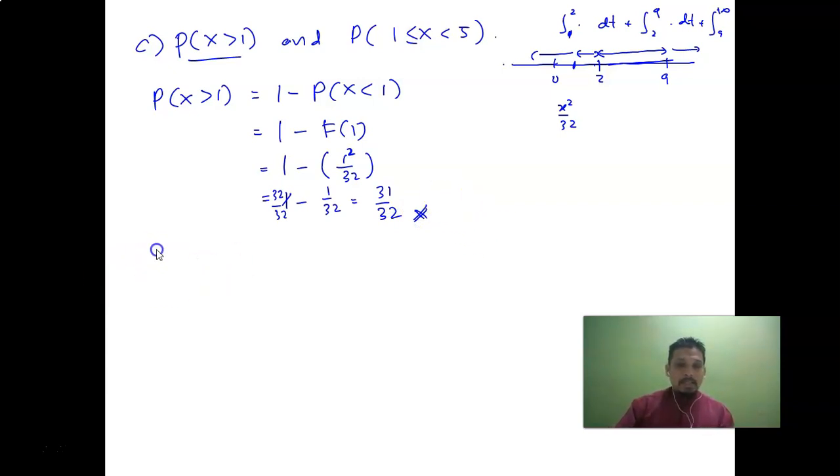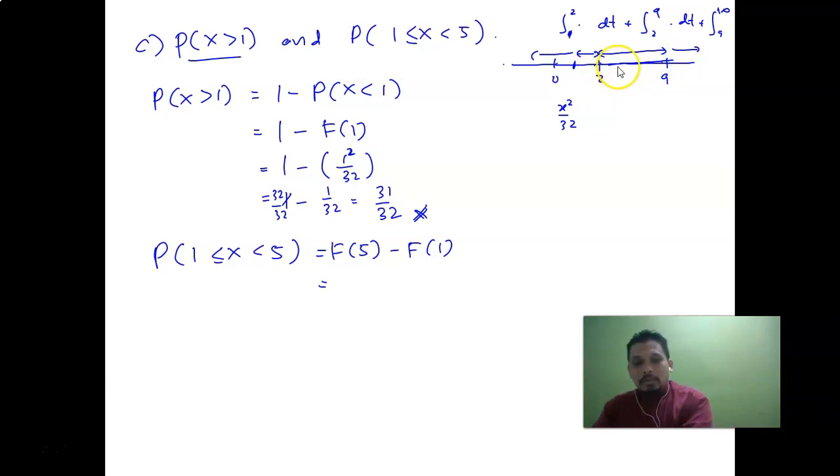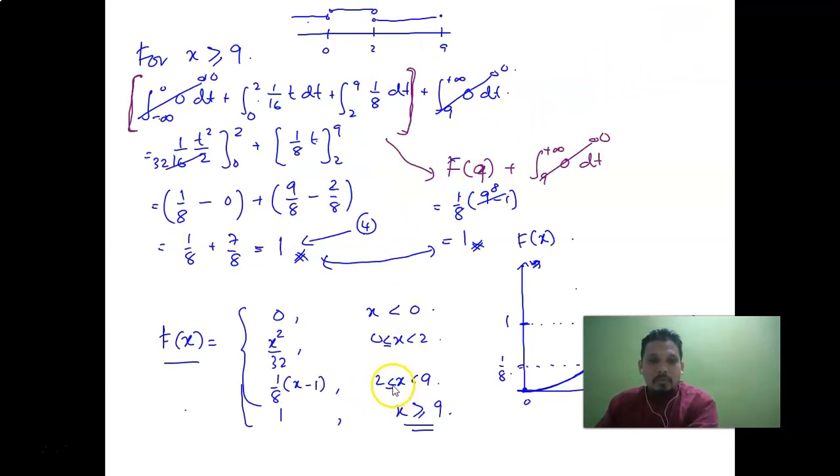And then the probability of X from 1 until 5. So we take this as F(5) minus F(1). F(5) lies between 2 and 9, and the function involved is 1 over 8 times x minus 1.